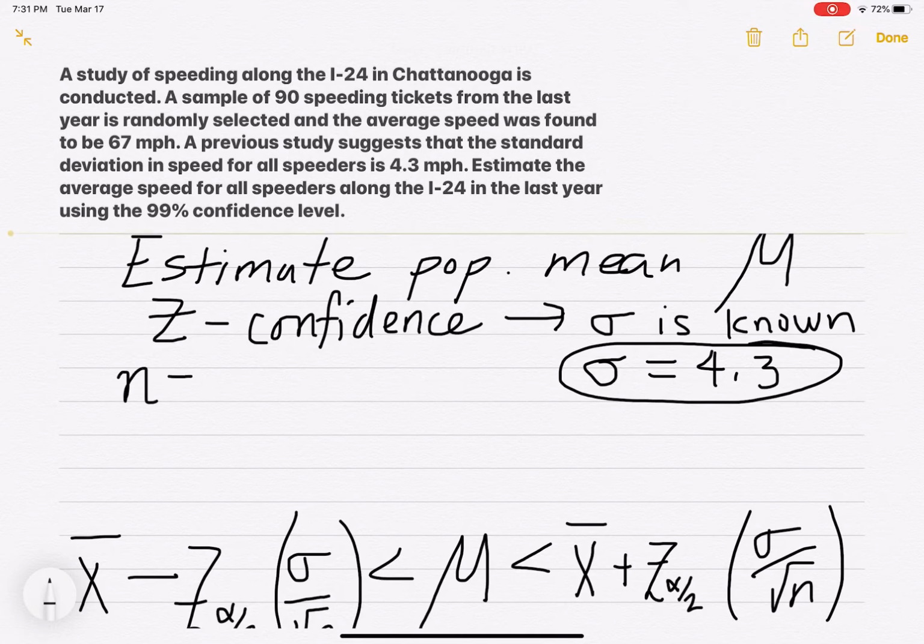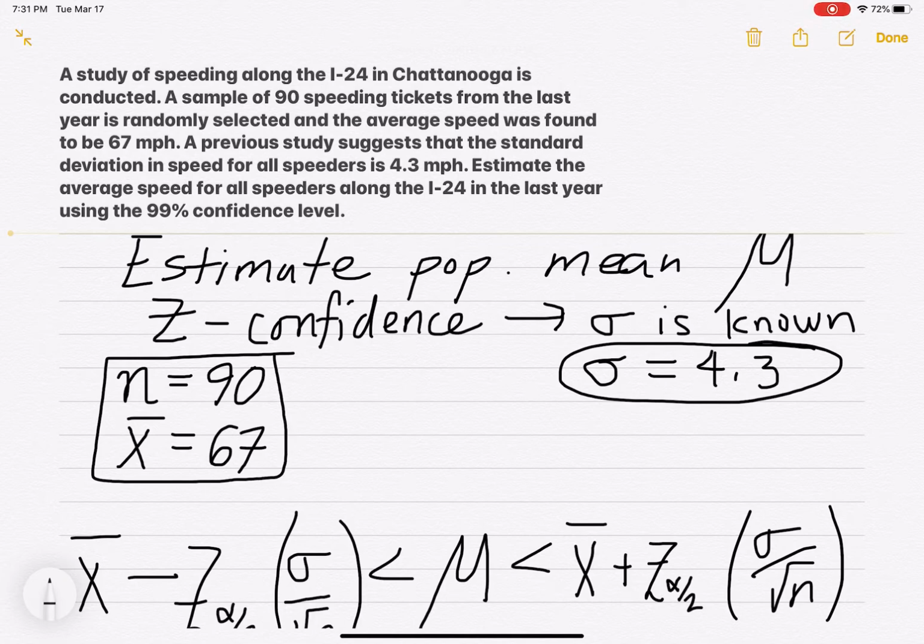So n is the sample size. That's 90 speeding tickets. So we have the sample size is 90. If you look at the average of the sample, what was the average of those 90 speeders? The average speed of the sample of 90 speeders was 67 miles per hour. So X bar, that's the sample average, is 67.